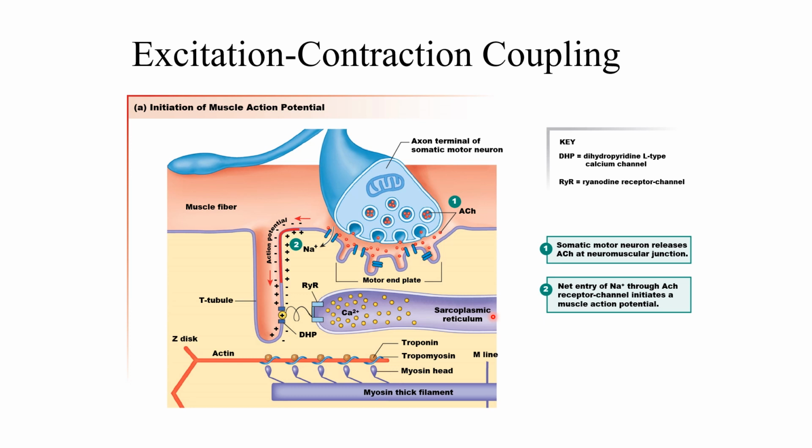The sarcoplasmic reticulum is where we store our calcium ions that are needed for our muscles to contract. So you can see that those two channel receptors are currently closed, and that they are connected to one another.